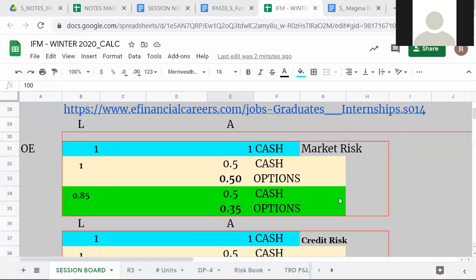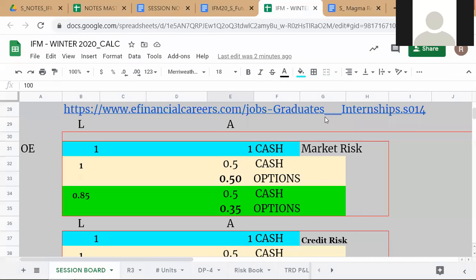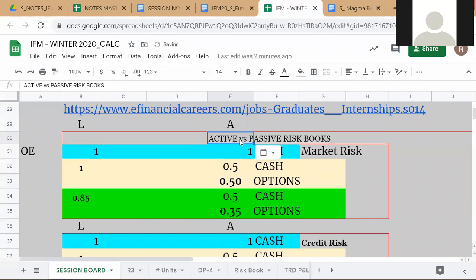Now, here's an example of an active risk book. Okay, so I will also write this term here, just copy this, and then we can write some of this terminology here. Active versus passive risk book. So here I'm calling it an active risk book.